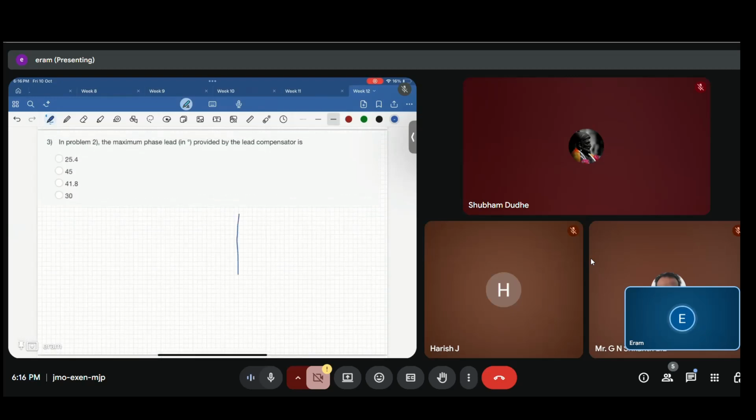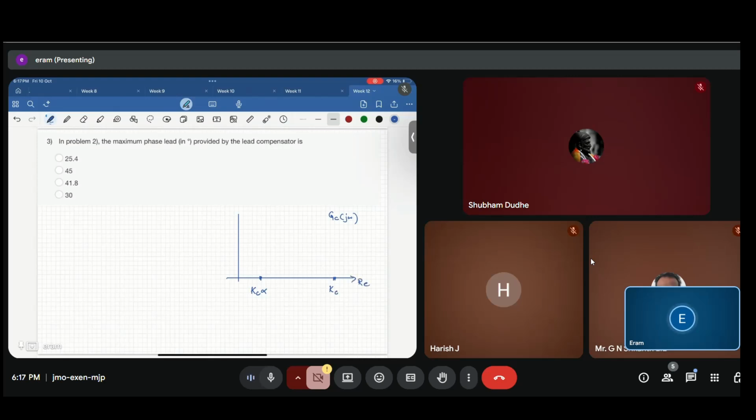So if we draw the polar plot, we see that at omega equals 0, we'll have magnitude Kc alpha of Gc(j omega) we are talking, and at omega tends to infinity we will have again Kc.